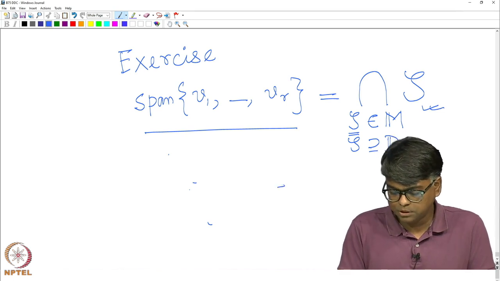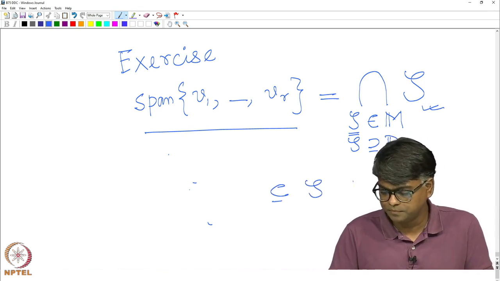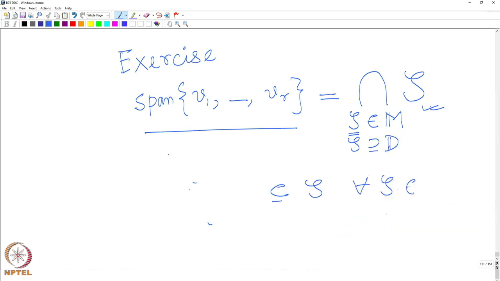So, therefore, this must be contained in every S in M such that S explains the data, because the intersection is contained in all of those elements whose intersection is this set, right. So, every model that explains the data must be containing this particular subspace. So, this particular subspace is the most powerful one.